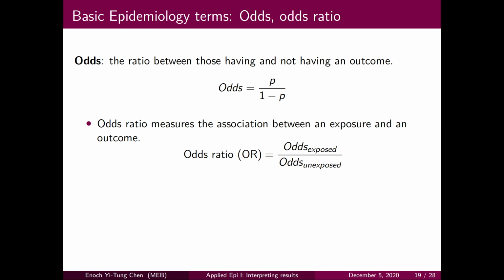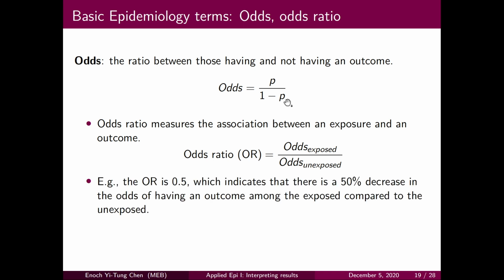Usually, it's the odds of the exposed group over the non-exposed group. So saying that the odds ratio is 0.5 indicates that there is a 50% decrease in the odds of having an outcome among the exposed compared to the unexposed.